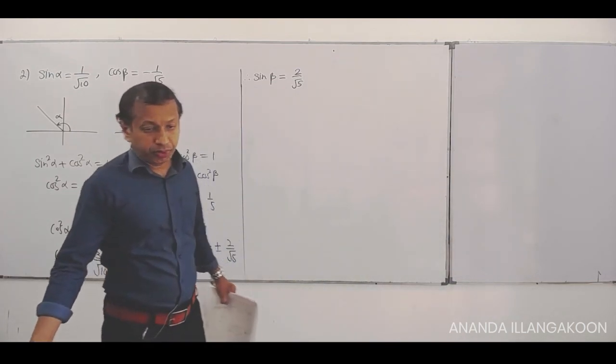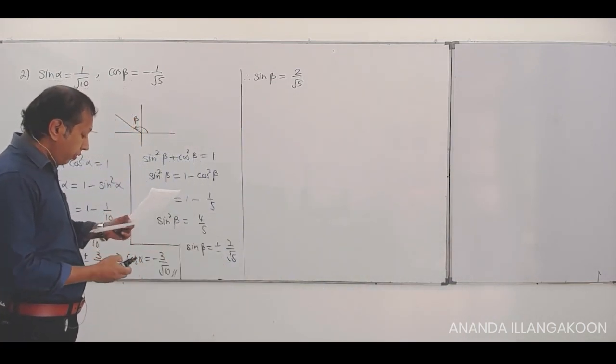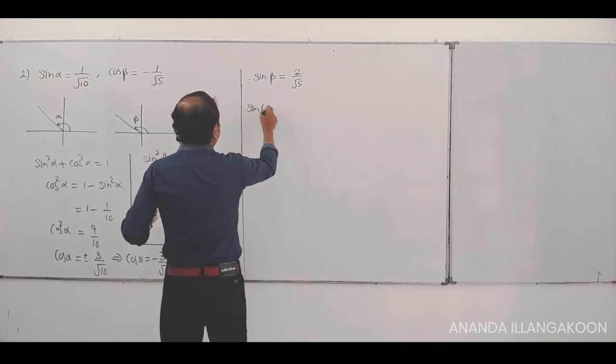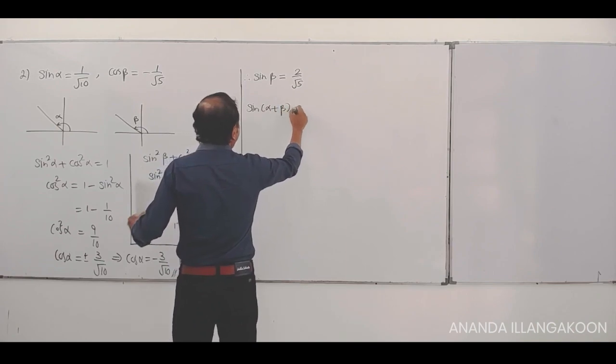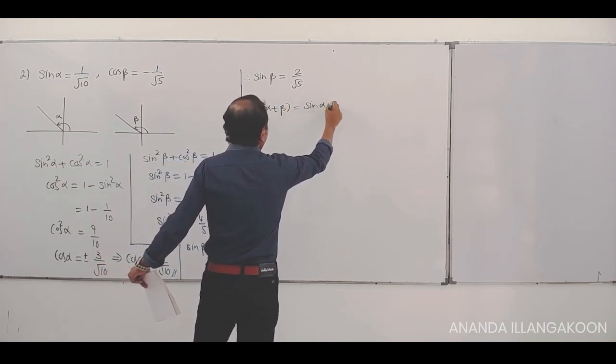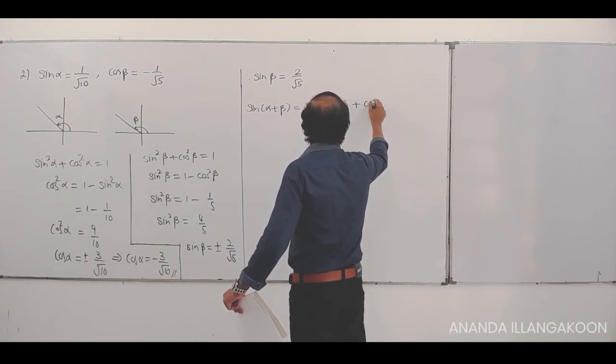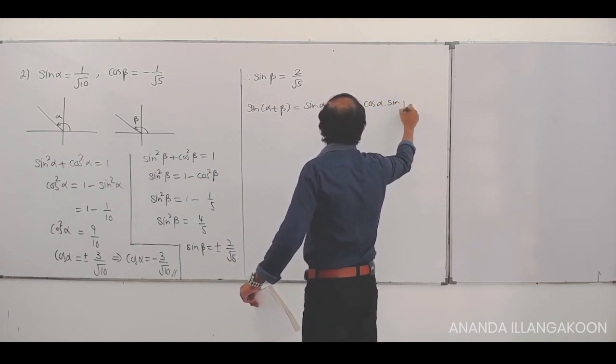Right, no? Then we need to find sin(alpha plus beta), no? Sin(alpha plus beta) is sin alpha cos beta plus cos alpha sin beta.